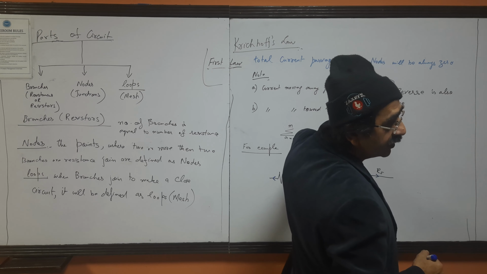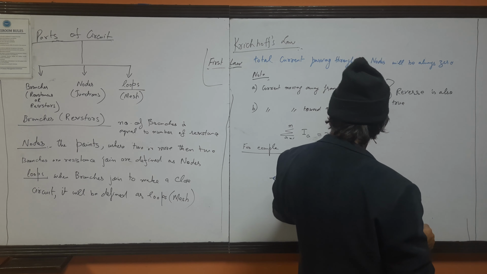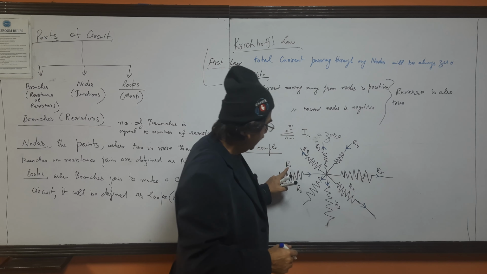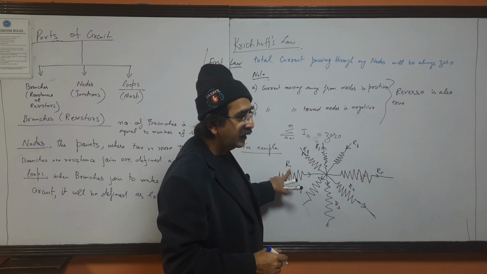In this case, we are considering outgoing positive and incoming negative. So let's suppose from R1 is current I1.